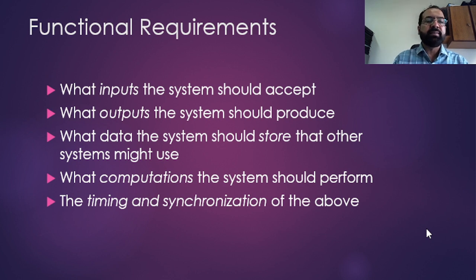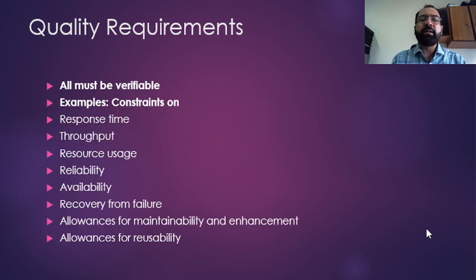So this is about functional requirements. Quality requirements means you might be talking about response time. Everyone wants to have a good response time, good throughput as well, resource usage that is related to optimization. For example, you are achieving a task, but in how much time do you achieve it.